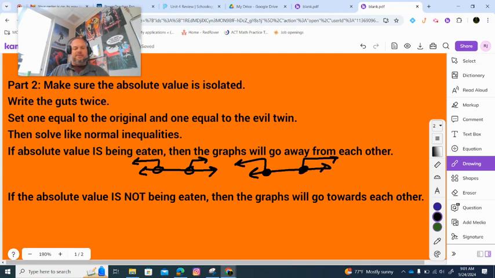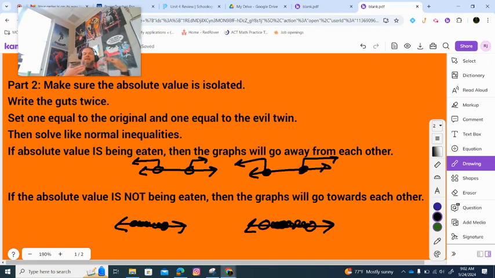This one, if the absolute value is not being eaten, then the graphs go toward each other. Okay. Now, that's also by reading the inequality. Remember, the alligator eats the bigger thing.